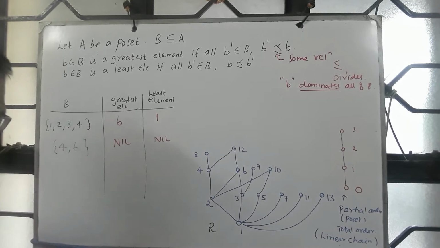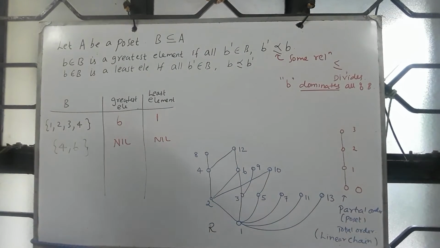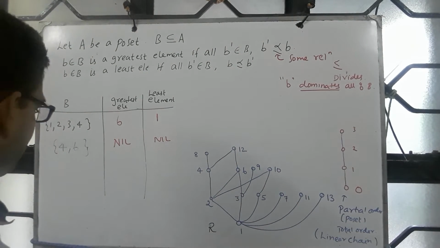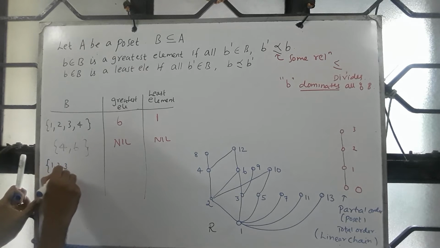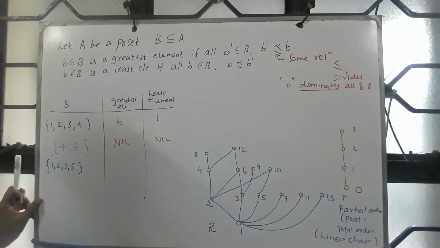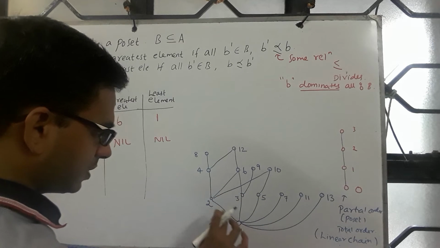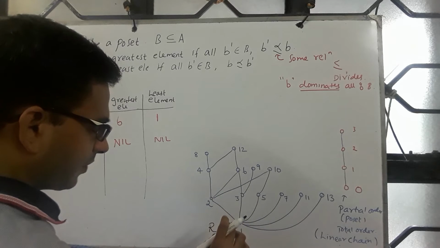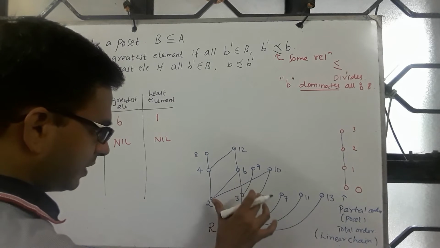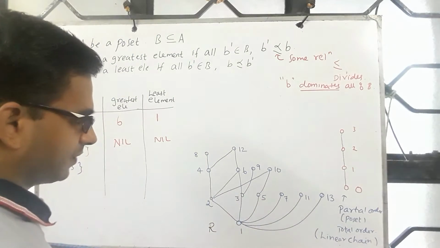Suppose you take the subset to be, say, 1, 2, 3, 5, then we need an element which is above all of this, which means dominates all of this. It has to be from this as well.